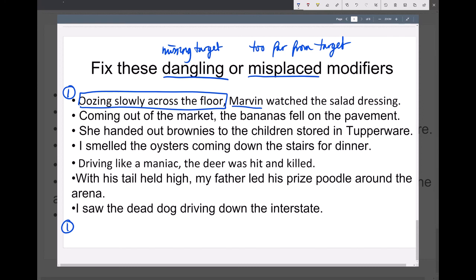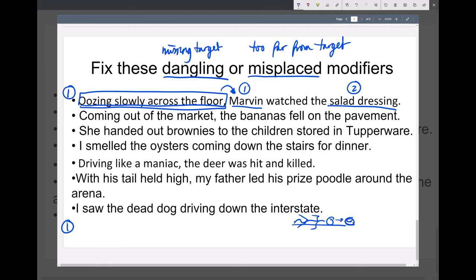So we have two nouns here. We got Marvin and we have salad dressing. Now, looking at the modifier oozing slowly across the floor, if it's placed right next to Marvin, then it's like Marvin is oozing slowly across the floor, and we don't know what the salad dressing is doing, but he's apparently watching it.